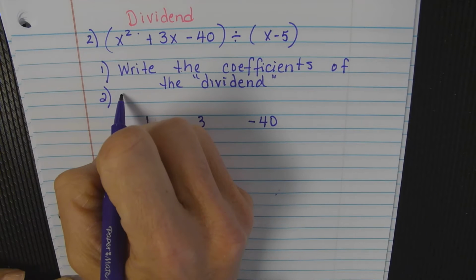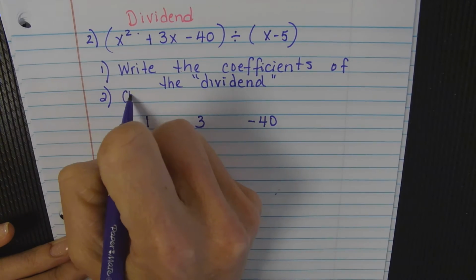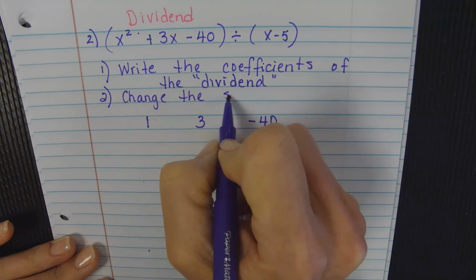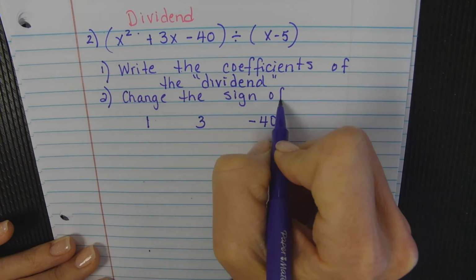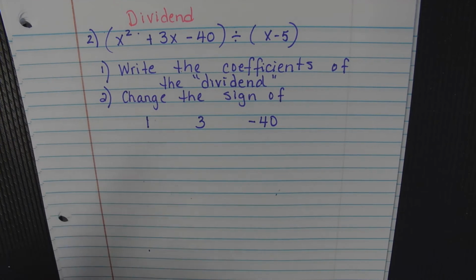And then you're going to do the opposite. Change the sign. So I have a negative 5. What's my sign going to be? Positive 5. I'll do it in pink.